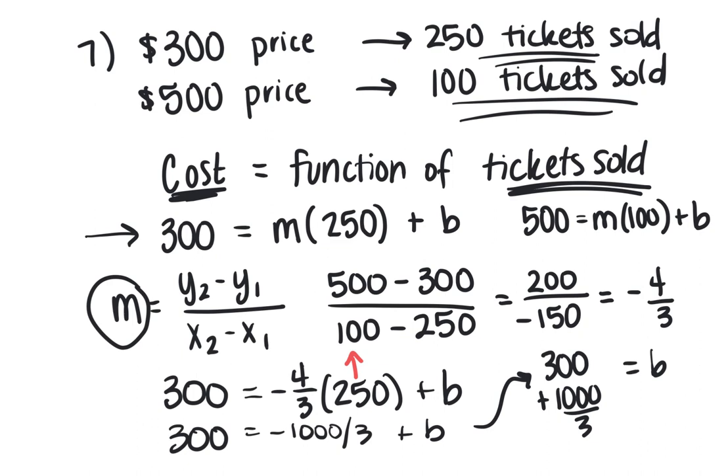Question 8 is very, very similar to this. They call them a and b instead of m and b. So on question 8, you'll do the same thing, figuring out which ones are the x values and which ones are the y values, with your a instead of m. It's just a lettering thing.